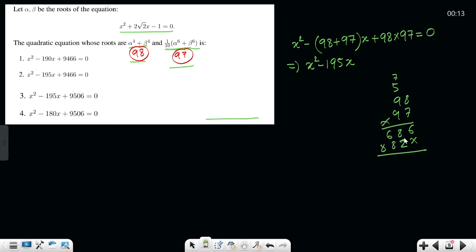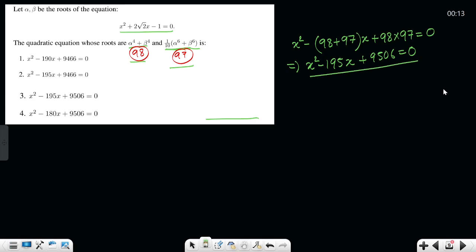So it is 9506. Put it here, 9506, this is equal to 0. So we got our equation: x square minus 195x plus 9506 equal to 0. So our answer is option 3. That's simple. It's a very simple question.